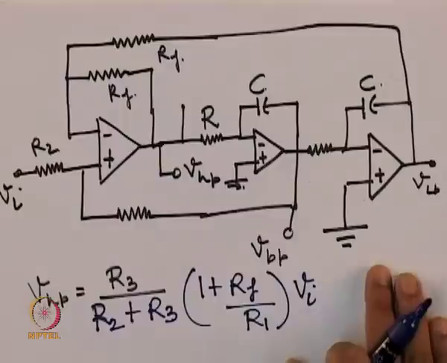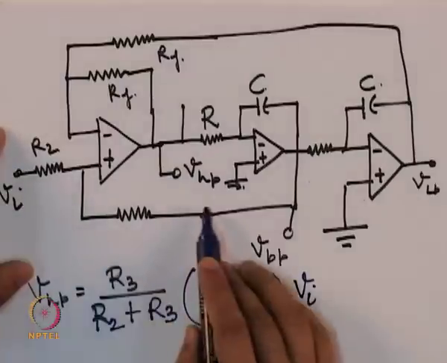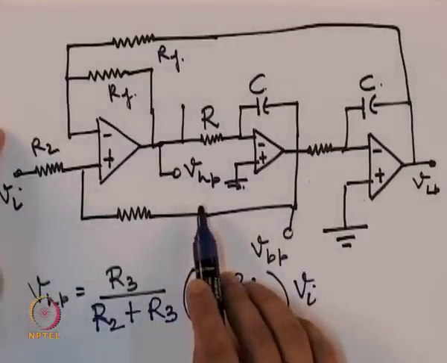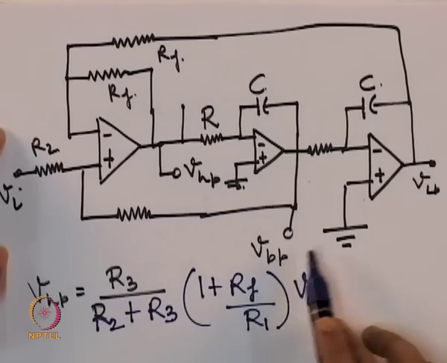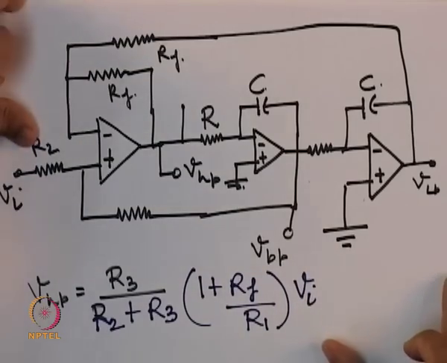So, this is my circuit. These are the various points at which I obtain my high pass, band pass and low pass signals, and the output equation that we get if we follow the op-amp analysis will be something like this.